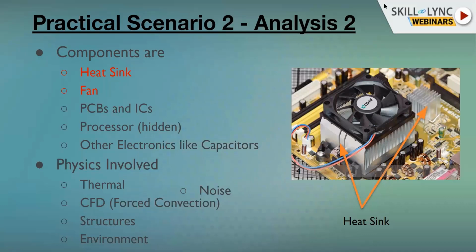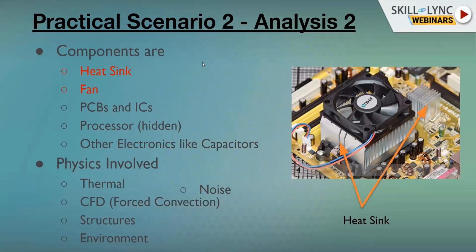Third, structures. The heat sink is huge. There is a fan. There is a lot of weight acting on the PCB board, so the PCB board might get damaged. The structure is also important. Environment we also discussed. Fourth, noise.